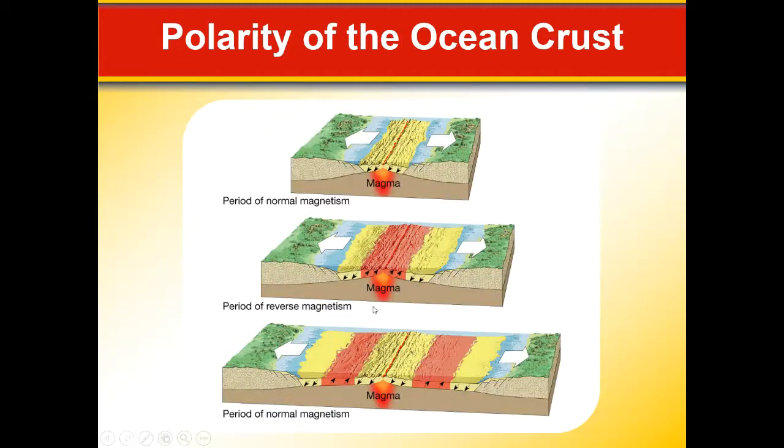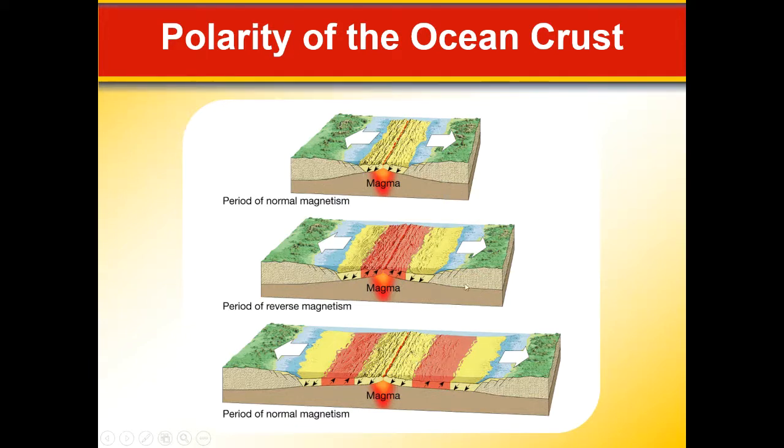And this was used as the evidence for the seafloor spreading hypothesis by Harry Hess and Robert Dietz, wherein they found out that there were alternating or mirror images of different polarities of magnetic minerals in your seafloor.